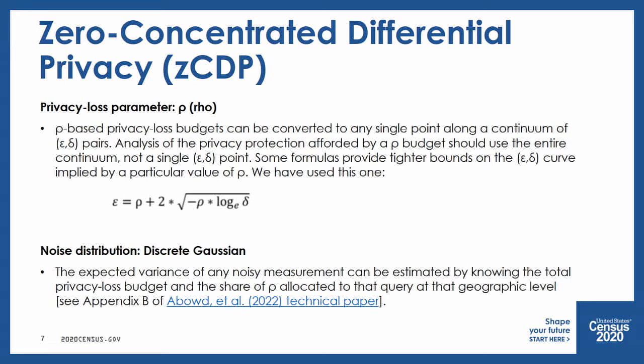So the expected variance of any noisy measurement can be estimated by knowing the total privacy loss budget that was expended for the overall file, and the share of rho that's allocated to that particular noisy measurements query at that particular geographic level. For the technical details of how to do that, you can see the new technical paper by Abowd et al. 2022 in Appendix B, and I'll have the link included later.